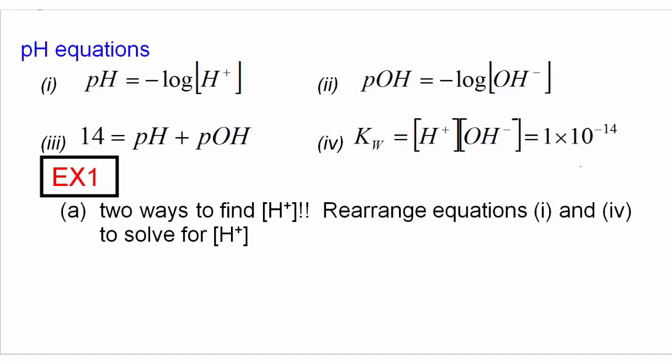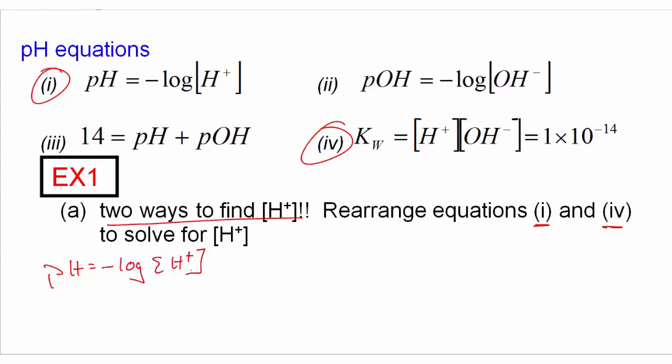Some equations to calculate pH. I give you these equations, we just have to know how to use them and manipulate them. There's 2 ways to find the hydrogen ion concentration, equation 1 and equation 4. So let's take a look at these. In equation 1, we have pH equals a negative log of the hydrogen ion concentration. So how would you solve that for the hydrogen ion concentration? Well, bring the negative sign over to the other side.